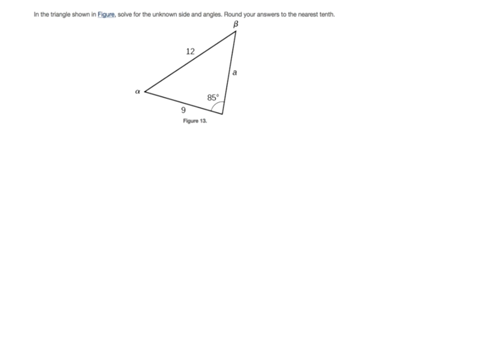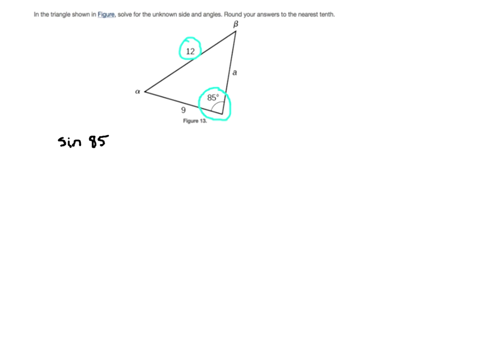Okay, so we have another angle-side-side case here, and I have a relationship set up of a known angle and its opposite side there. So I am going to go ahead and set up my law of sines.